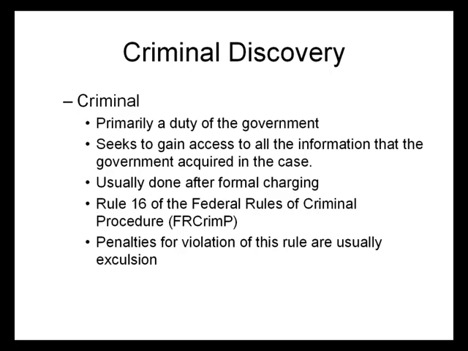There are some limited circumstances in which the government can seek discovery from the defense. It's almost always done after formal charging because there isn't really a case there until the actual charges have been brought against the defendant. And they're covered by Rule 16 of the Federal Rules of Criminal Procedure.